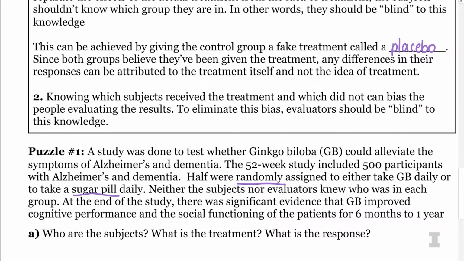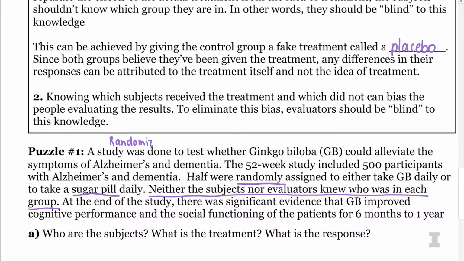A placebo can be a sugar pill, a shot of water, it can even be something like a fake surgery. Then it says neither the subjects nor the evaluators knew who was in each group. So that is essentially telling us this was a double blind study. So right away, just by reading that first part, I know that this was our ideal experimental design, right? This was the randomized controlled double blind experiment.